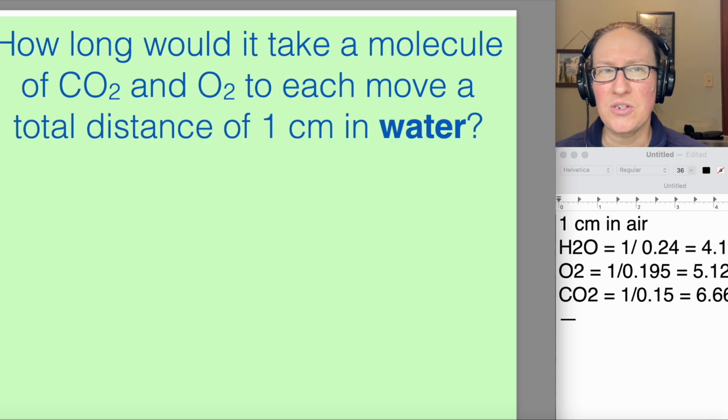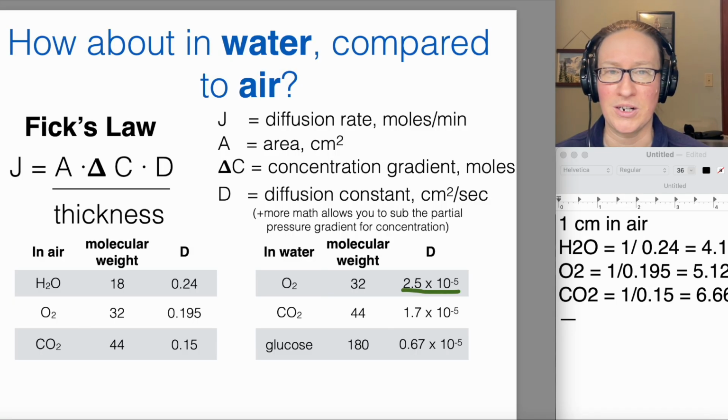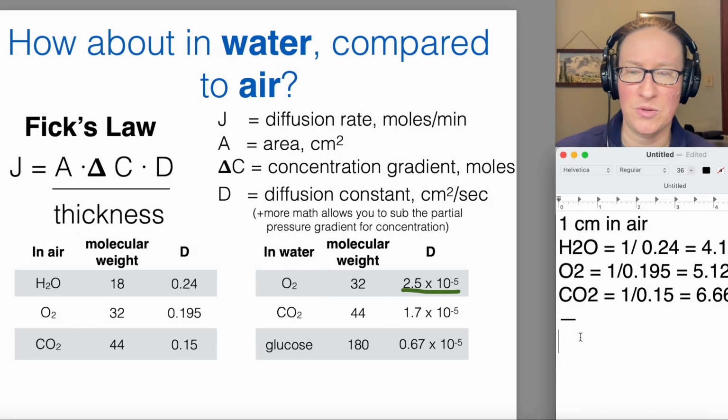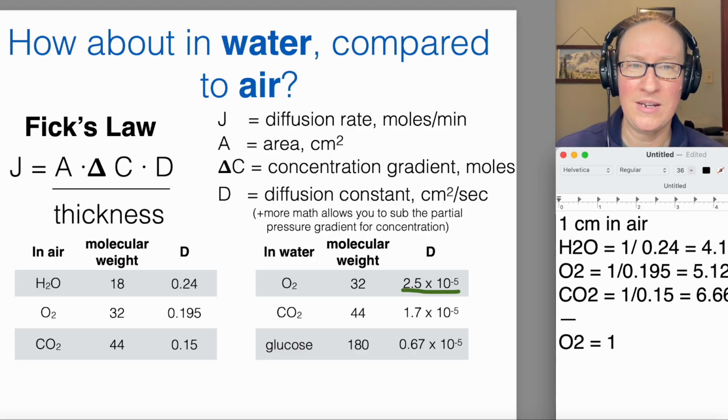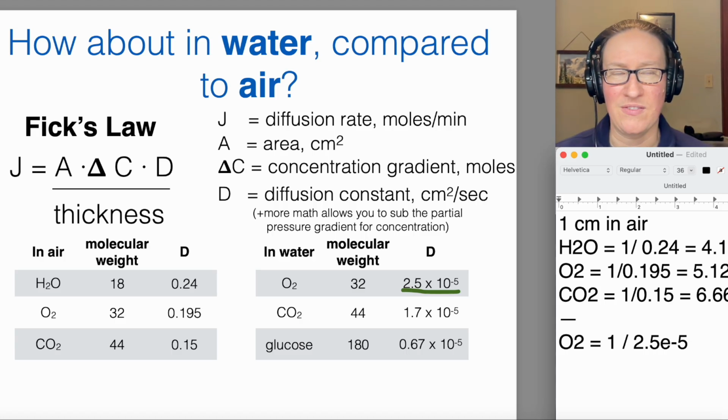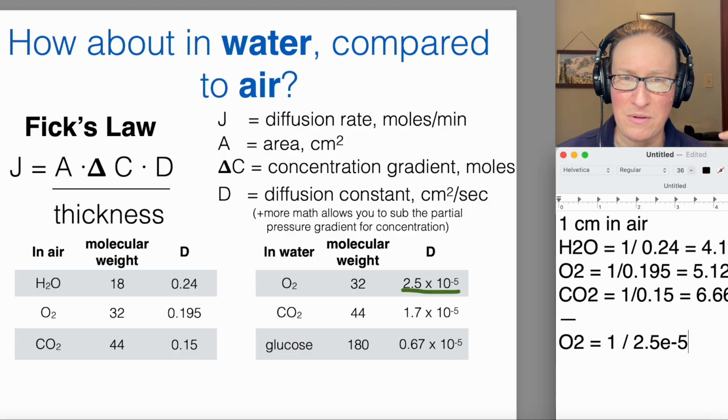So if we were to repeat our question, how long would it take a molecule of carbon dioxide or oxygen to each move a total distance of 1 centimeter in water? For oxygen, we're looking at 1 divided by 2.5 times 10 to the negative fifth. If you're dividing by 10 to the negative fifth, you bring that into the numerator, and that's going to be 10 to the fifth.